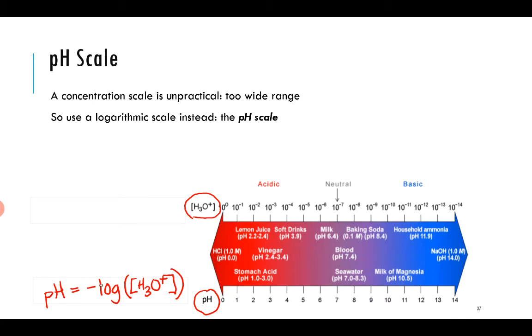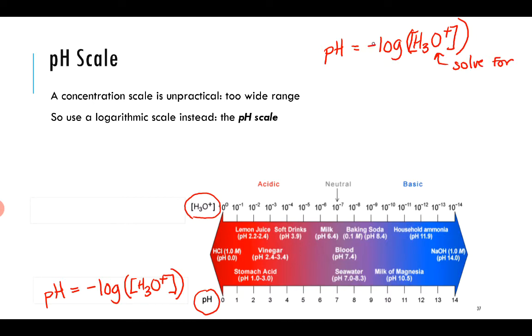Now, if I want to solve for my H3O plus concentration, and I'm given pH, let's inverse this equation. So let's do a nice review of logs. And so if pH is equal to the negative log of H3O plus, we have to think about what's the inverse operation of this logarithm if we want to isolate this. Let's try to solve for this.